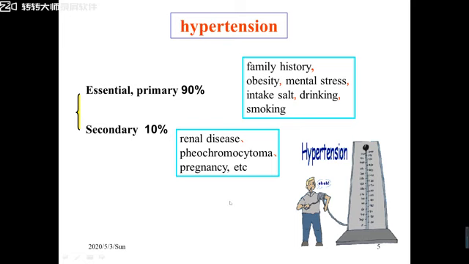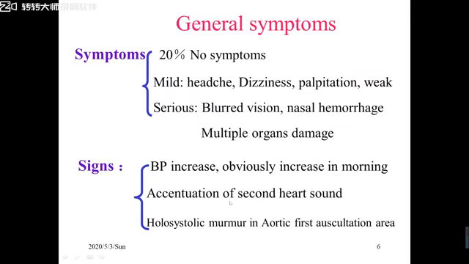Okay. And the general symptoms of hypertension. 20% of hypertension patients don't have any symptoms, especially mild patients. And some mild patients feel headache, dizziness, palpitation, or weakness and fatigue.